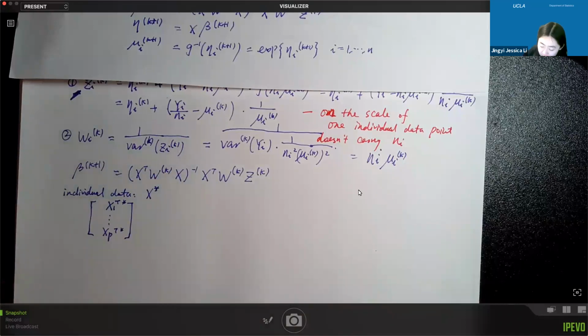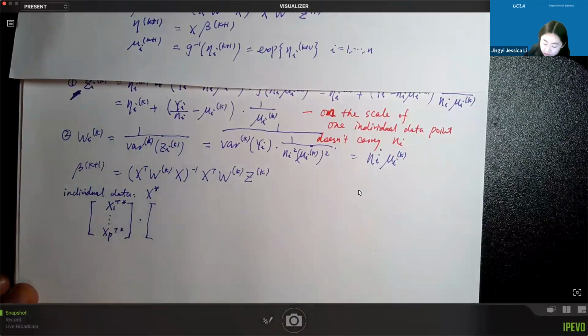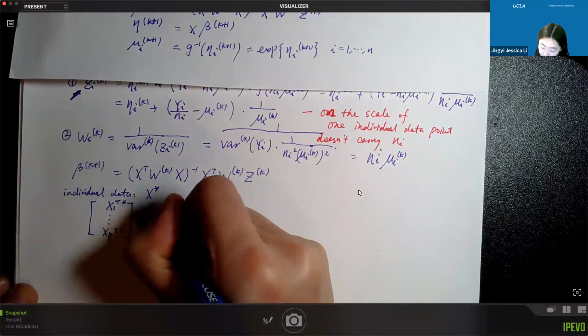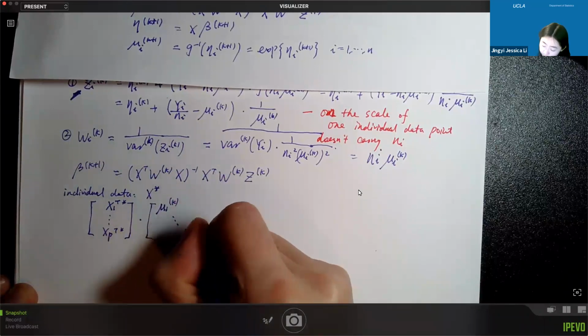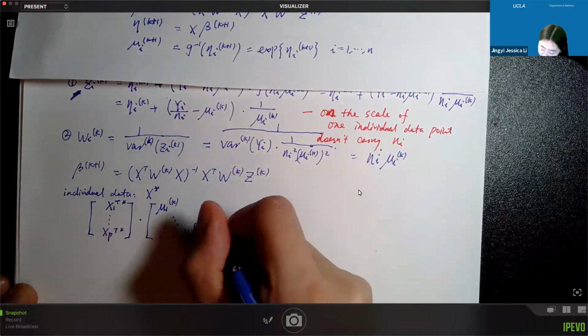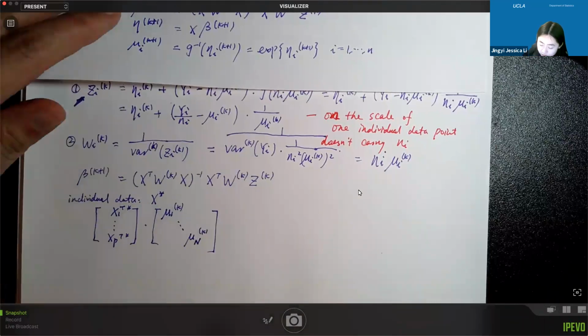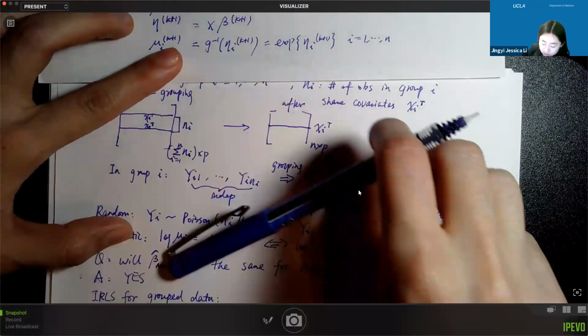And so previously in that case, the W matrix is just a diagonal matrix. So I'm going to put it here: mu 1K to mu, I call capital NK. That means I take the sum of all individual data. So coming back here, probably I just give you a notation.